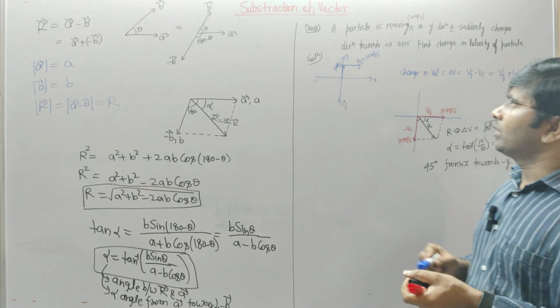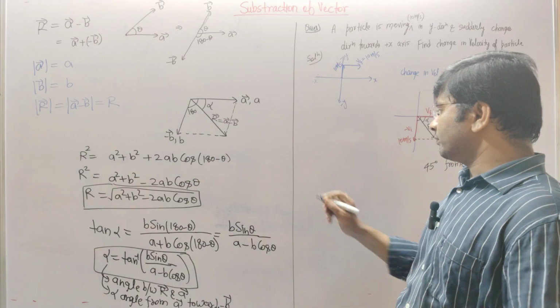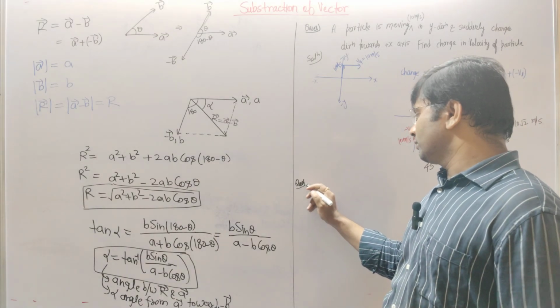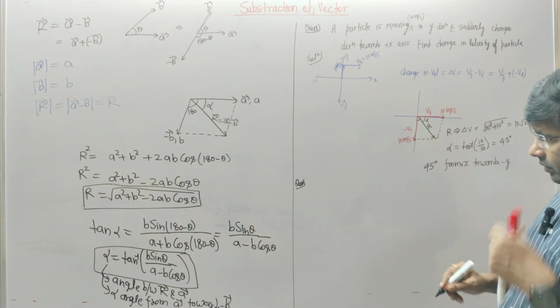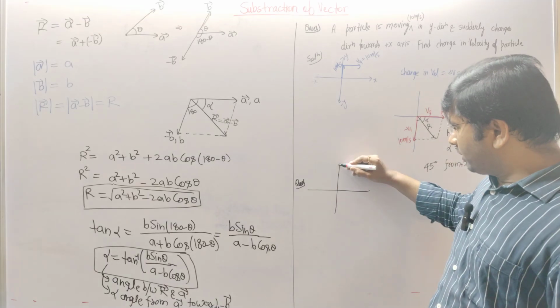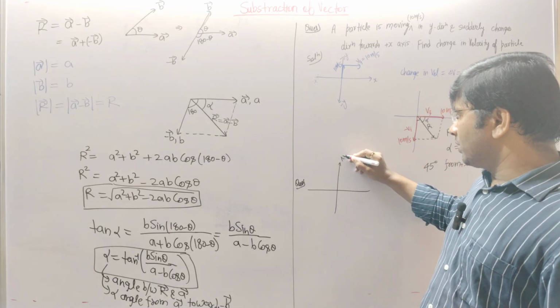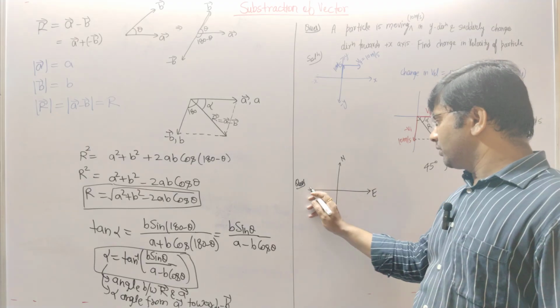Okay, one more question, let's take. Let's take a direction like this: this is north and this is south, this is east and this is west.